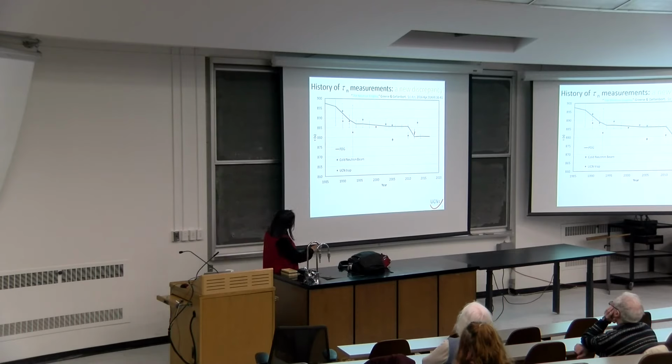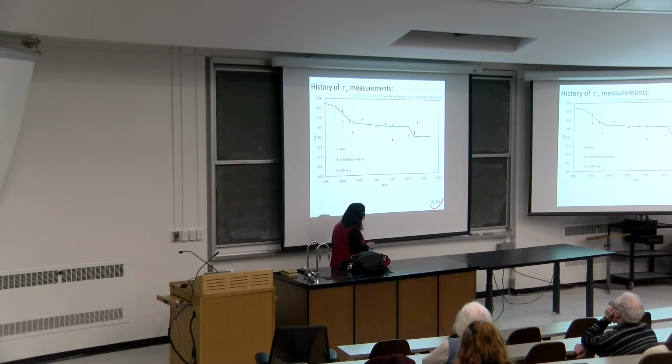The sudden transition happens here around 2005. I guess that's this data point here. It has the smallest error bar among all the measurements, with around 1 second uncertainty, and a lifetime of about 877 seconds.